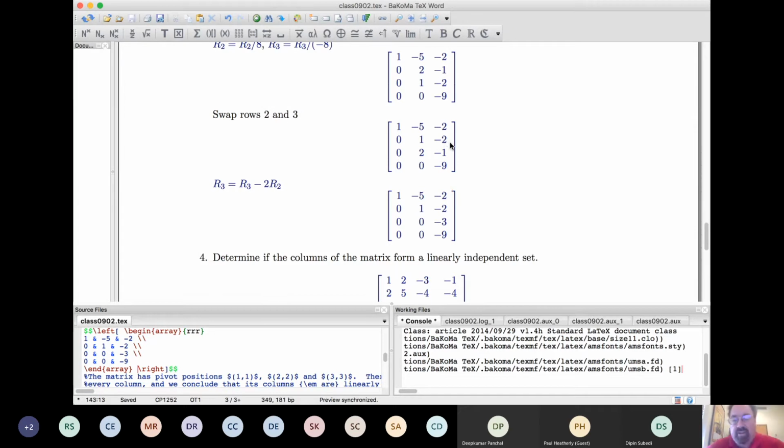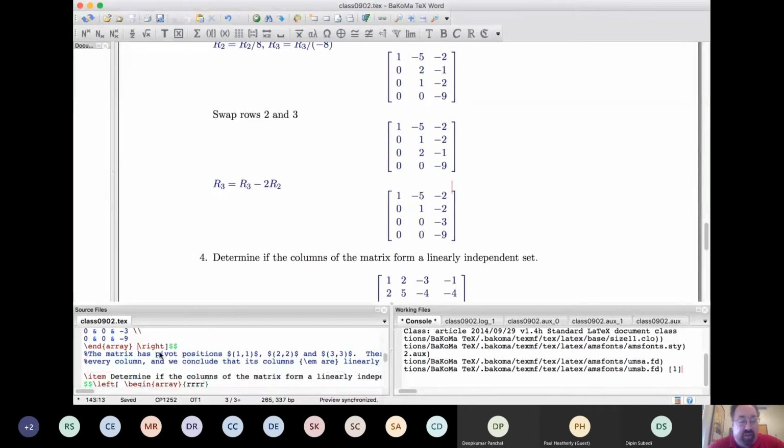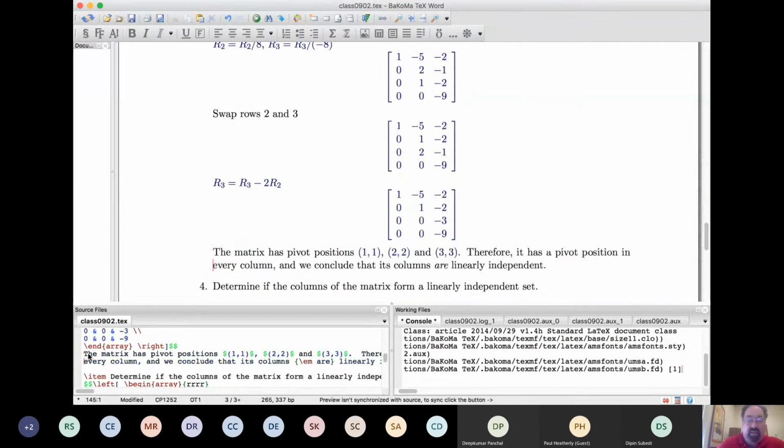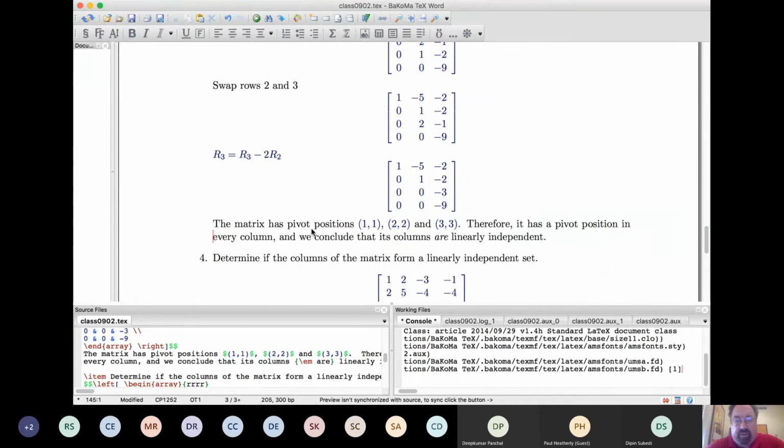We can actually stop here because we can see that every single column has a pivot position in it. So this one, and this -3 here. So it's safe to conclude that there's a pivot position in every column. So these columns are linearly independent.